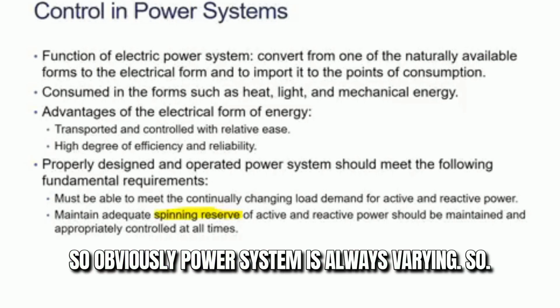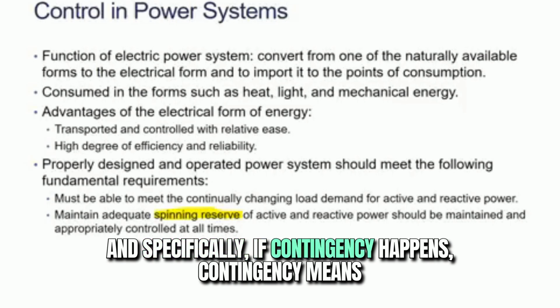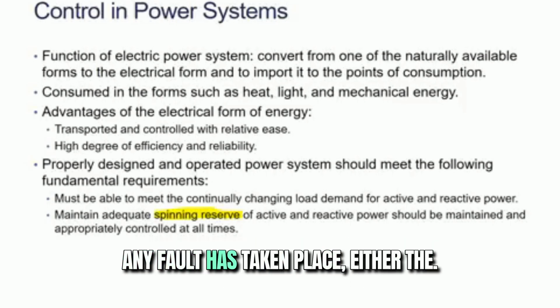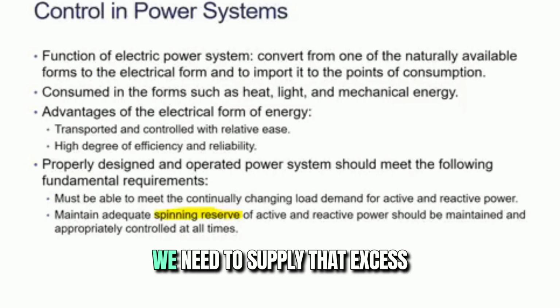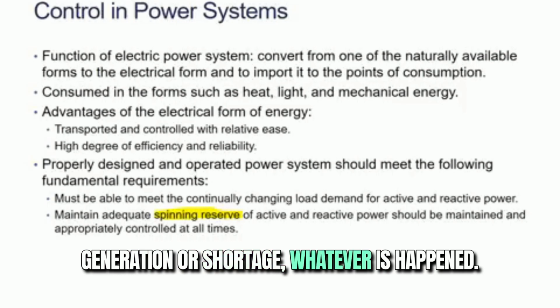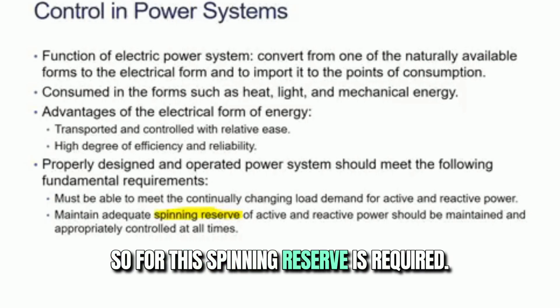So obviously power system is always varying. And specifically if contingency happens, contingency means any fault has taken place either on the transmission lines or at the generators, we need to supply that excess generation or shortage, whatever has happened. So for this, spinning reserve is required.